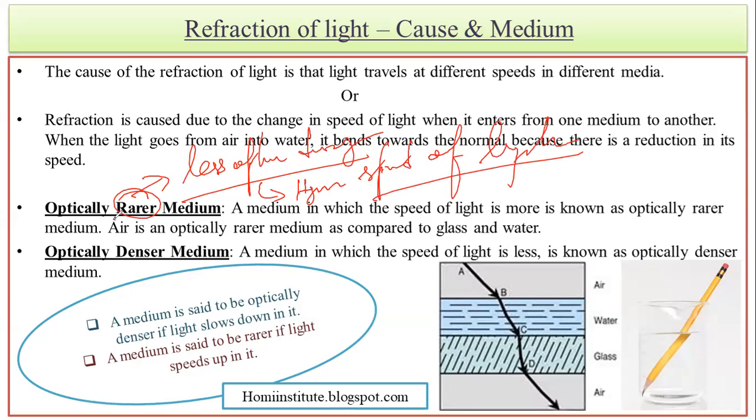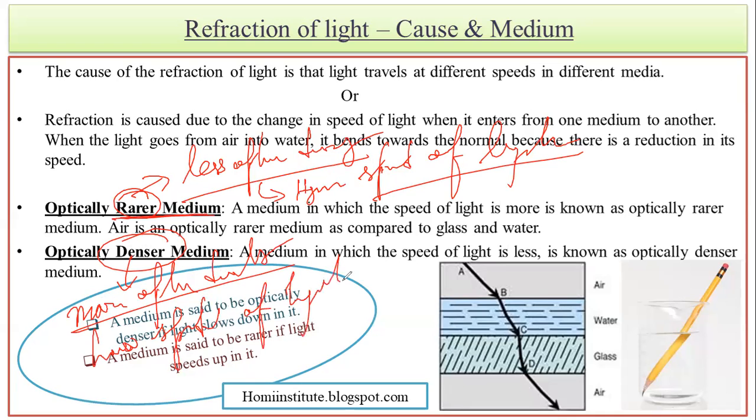It will be called a rarer medium. Whereas optically denser medium, you remember it as more optical density and low speed of light. Low speed of light. So that is called a denser medium.